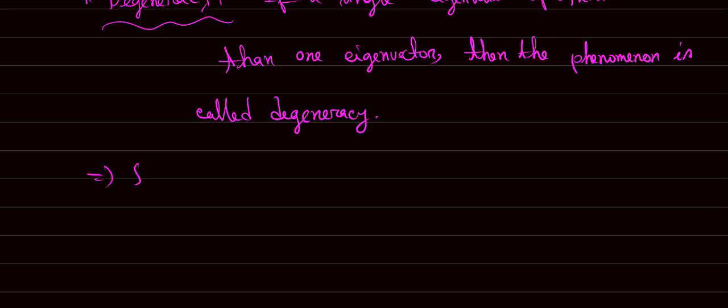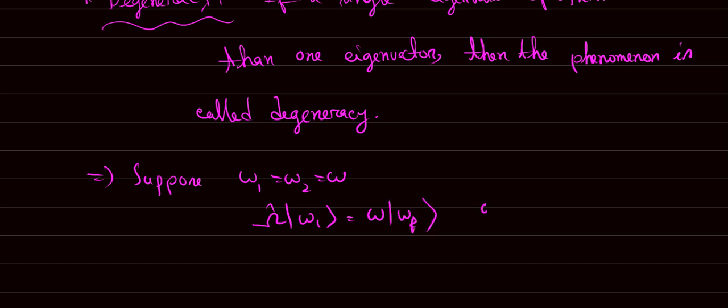So suppose we have two eigenvalues that are equal and they represent two different eigenvectors. Let's say we find omega 1, and also find another. So what does it mean?